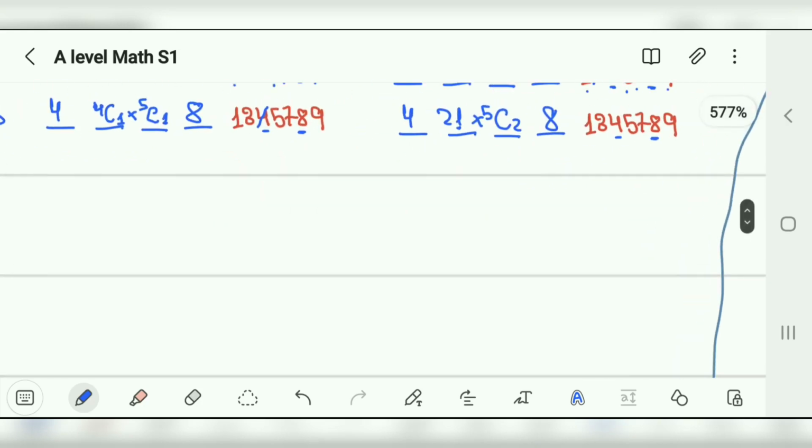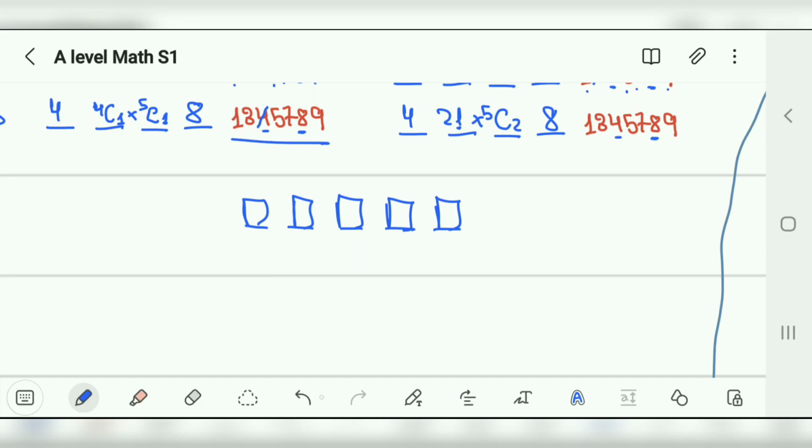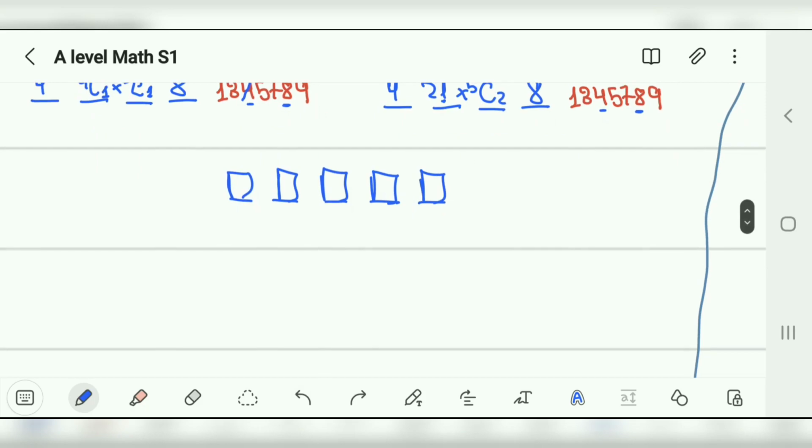So in conclusion, whenever we try to make a selection, for example, there are 7 numbers and there are 5 boxes, and I want to make an arrangement as well.